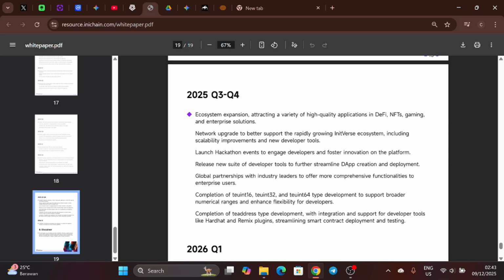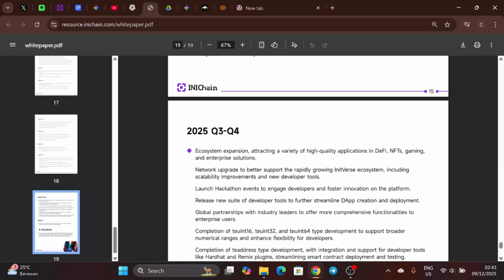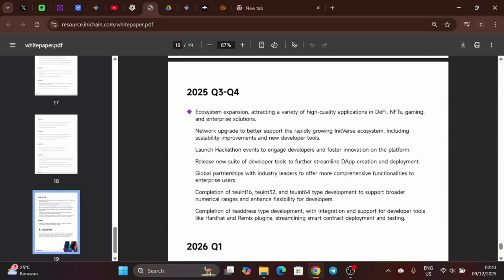And then this 2025 Q3, which is right now: ecosystem expansion and attracting a variety of high-quality applications in DeFi, NFT, gaming, and enterprise solutions. Network upgrade to better support the rapidly growing InitVerse ecosystem, including scalability improvements and new development tools.